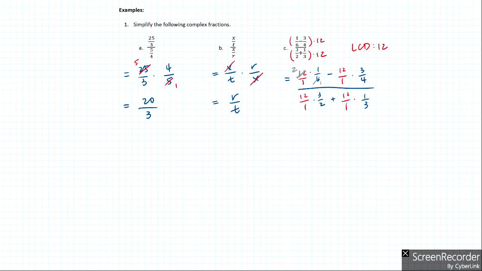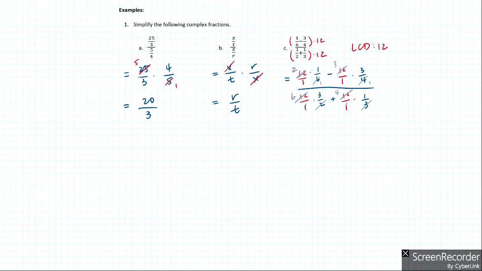And then for the second term, 12 and 4, 12 is a multiple of 4, so 4 times 3 is 12, and that's again a 1. You can stop writing the 1 once you get familiar with the process. And just like here in the denominator, 12 and 2, there again 12 is a multiple of 2. So that becomes 6, because 2 times 6 is 12. And lastly, 12 and 3, so 12 is 4 times 3, so a factor of 4.